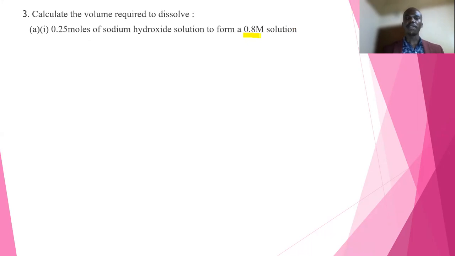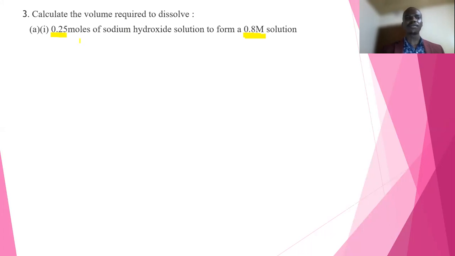So here we have been told to calculate the volume required. And from our formula, we have been given molarity, we have been given moles. So we need now the volume.